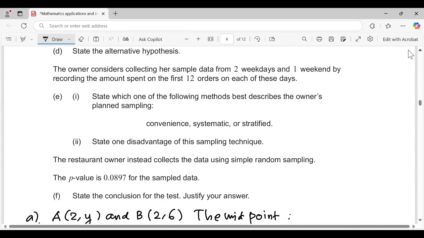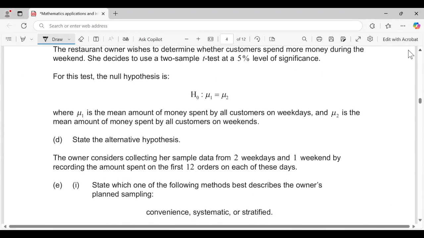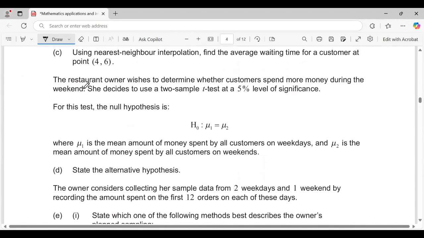D. The restaurant owner wishes to determine whether customers spend more money during the weekend. She decides to use a two-sample t-test at 5% level of significance. For this test, the null hypothesis is H0: mu1 equal mu2, where mu1 is the mean amount of money spent by all customers on weekdays, and mu2 is the mean amount of money spent by all customers on weekends.